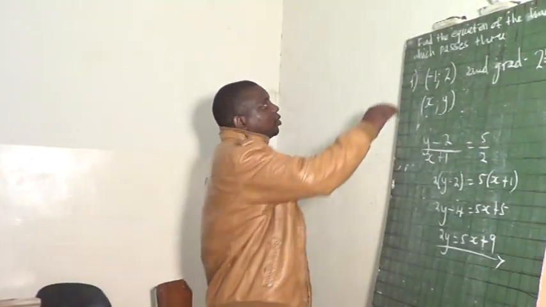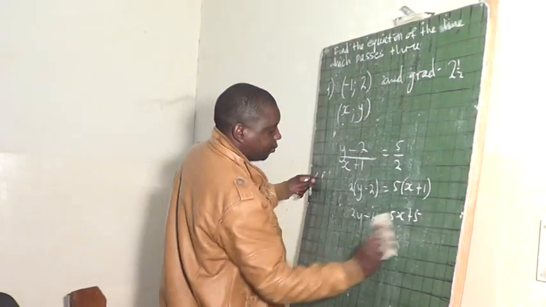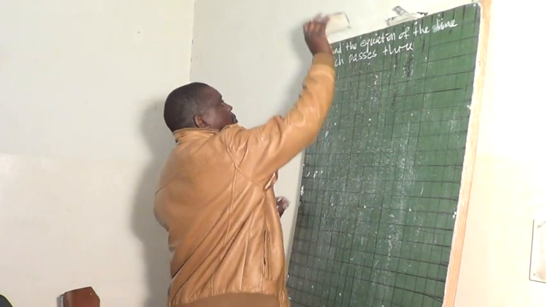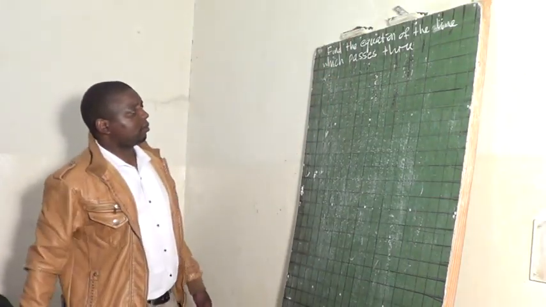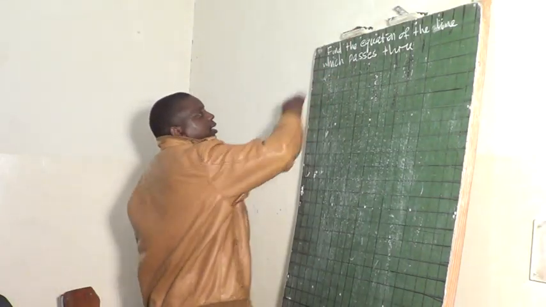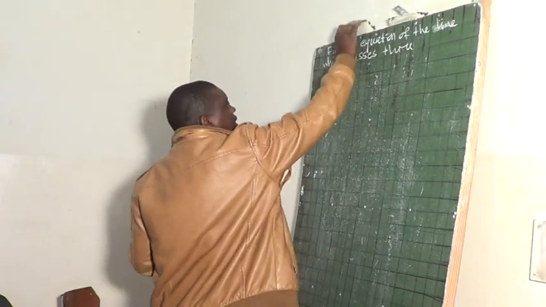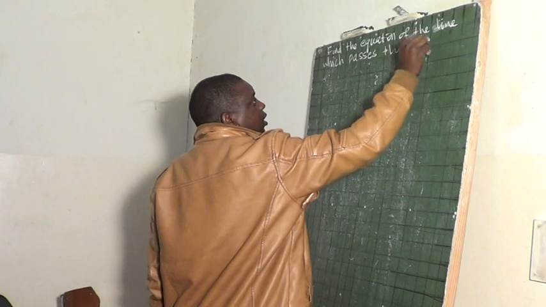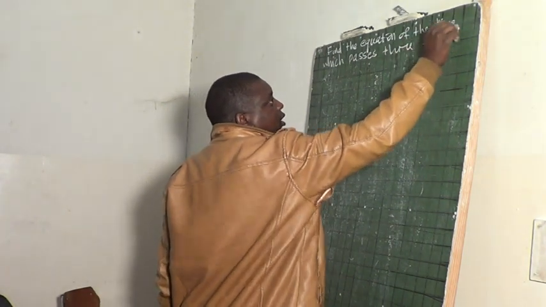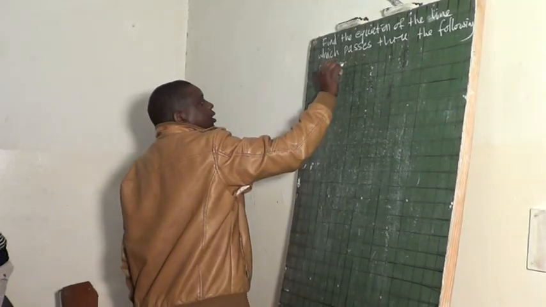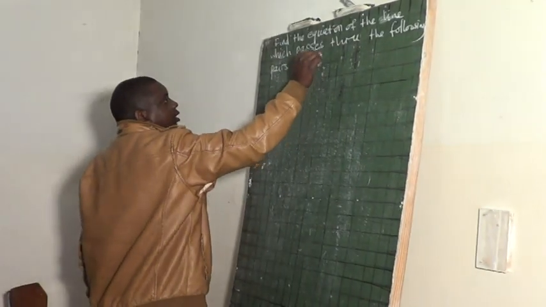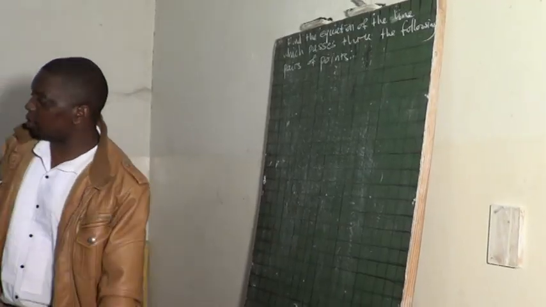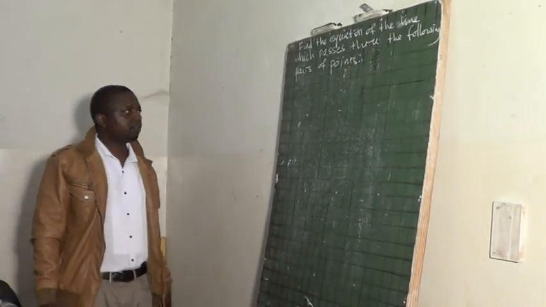Right, let's go on to number 2. Exercise 5D number 2. It says, find the equation of the line passing through the following pairs of points.